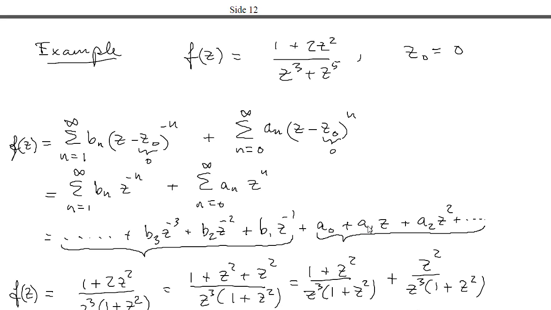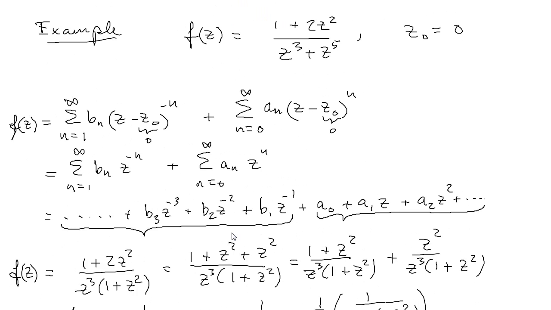The next term is a1 times z to the power of 1, and the third term is a2 times z to the power of 2, and so on. So this corresponds to this series, and this corresponds to this series, and we usually call this the principal part of the Laurent series.